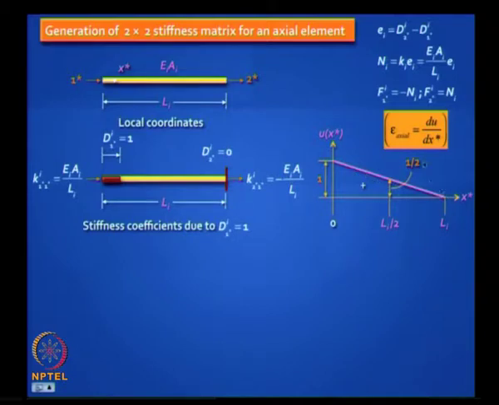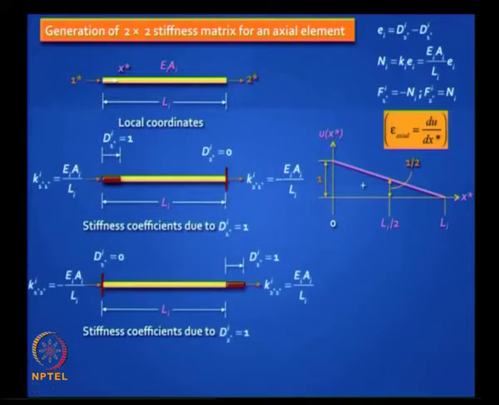It is linear because of this relationship and not because of any other reason. Likewise, if I now pull the other end and arrest the first end, I will get another set of relationships and the displacement will look like this, right. So this gives me a good picture, and this is the reason why we limit the degrees of freedom to the ends of the element, because we know the full displacement field.